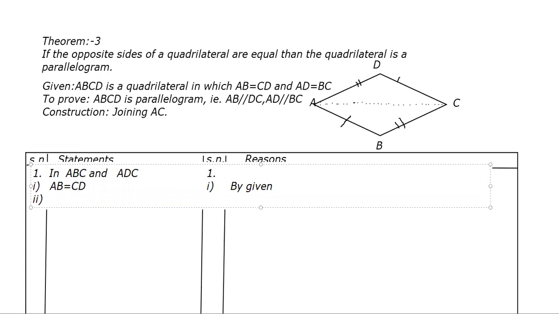Similarly, BC and AD are also given equal. And third, AC is equal to AC because this is a common side.